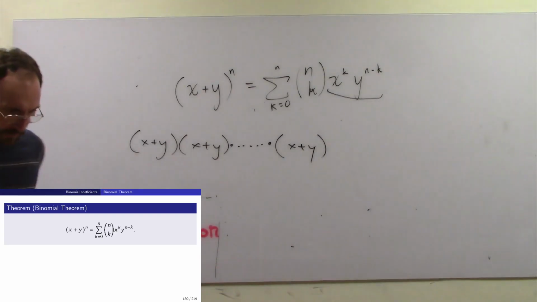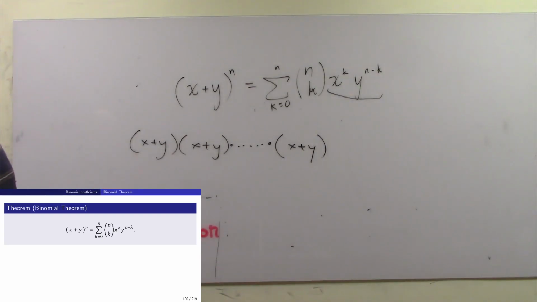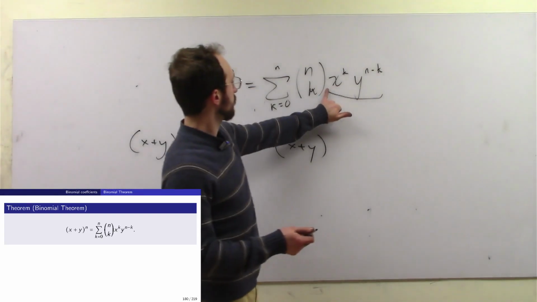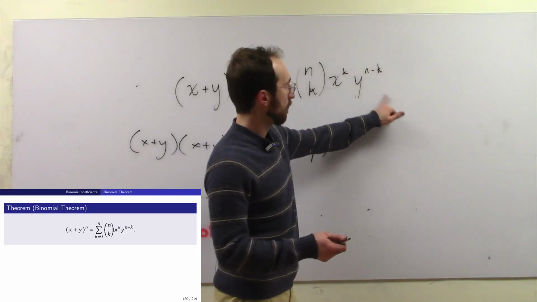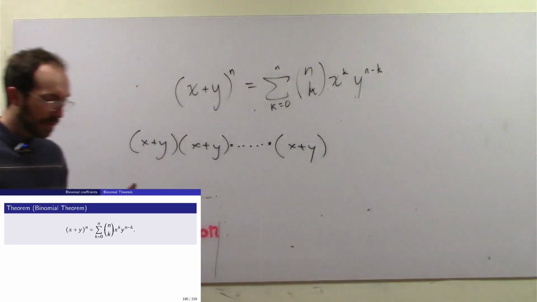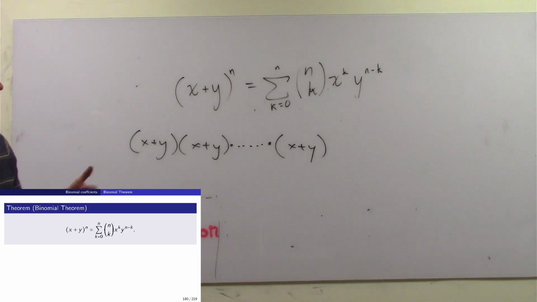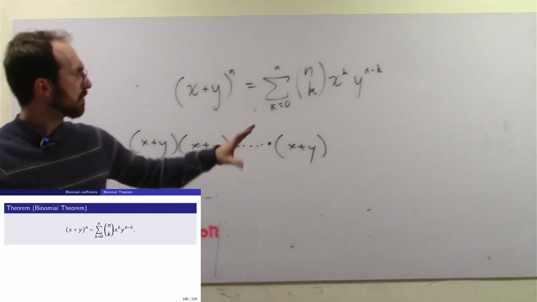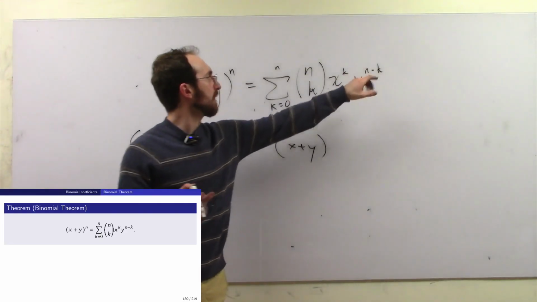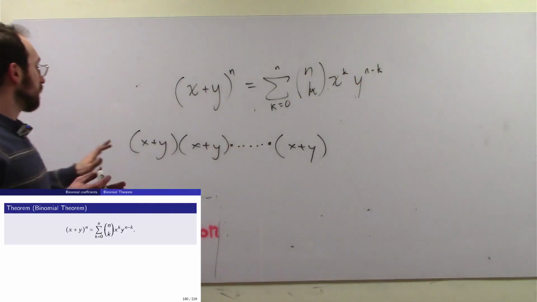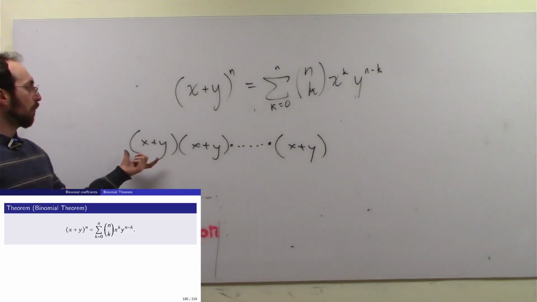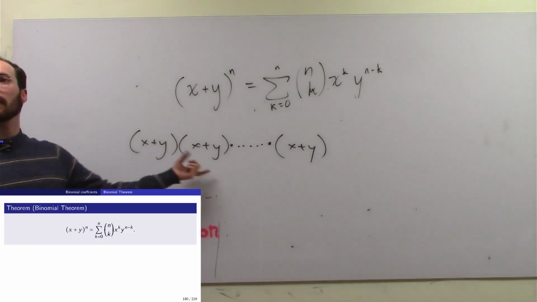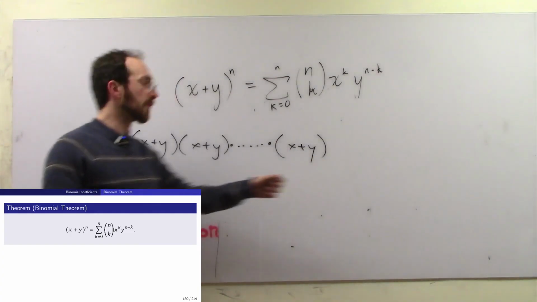Now, if I'm going to figure out my x to the k, y to the n minus k term, then what I'm effectively saying is I'm going to have to pick k x's from this product here.